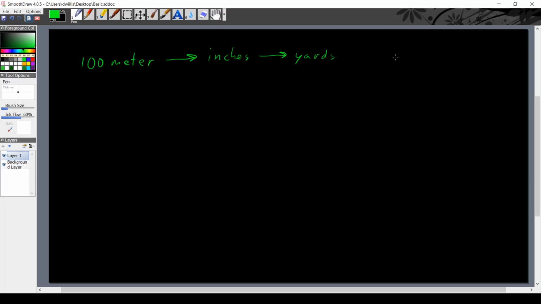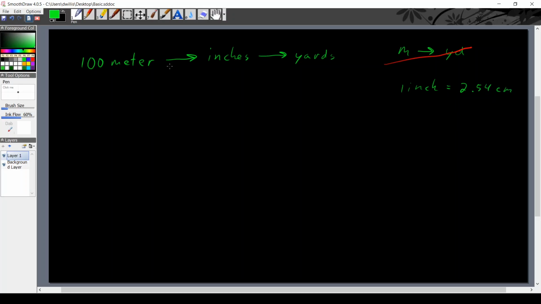Now, you could Google and find out how many meters equal how many yards, but we're not going to do that, okay? I'm going to actually take you through the long way based on the conversion factor that I just gave you a minute ago, which is 1 inch is equal to 2.54 centimeters.